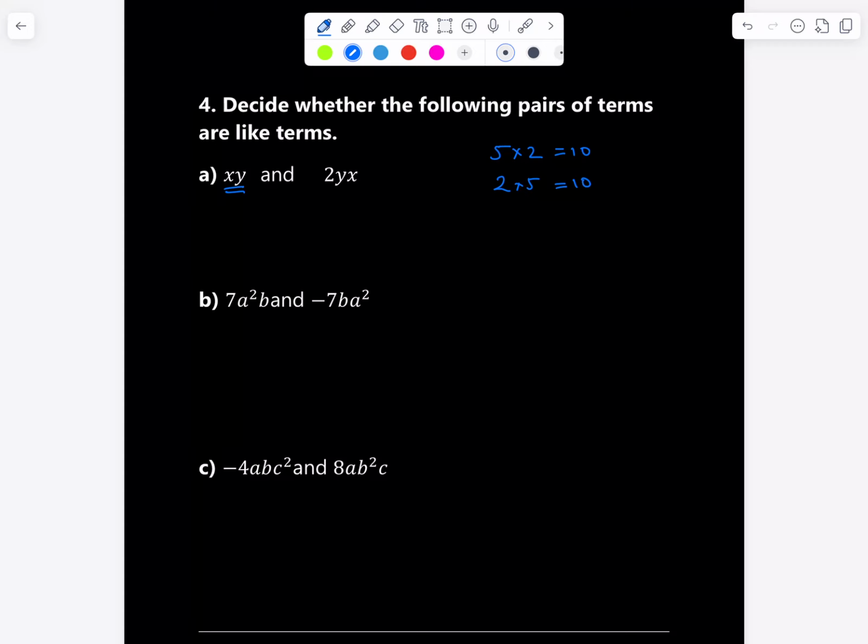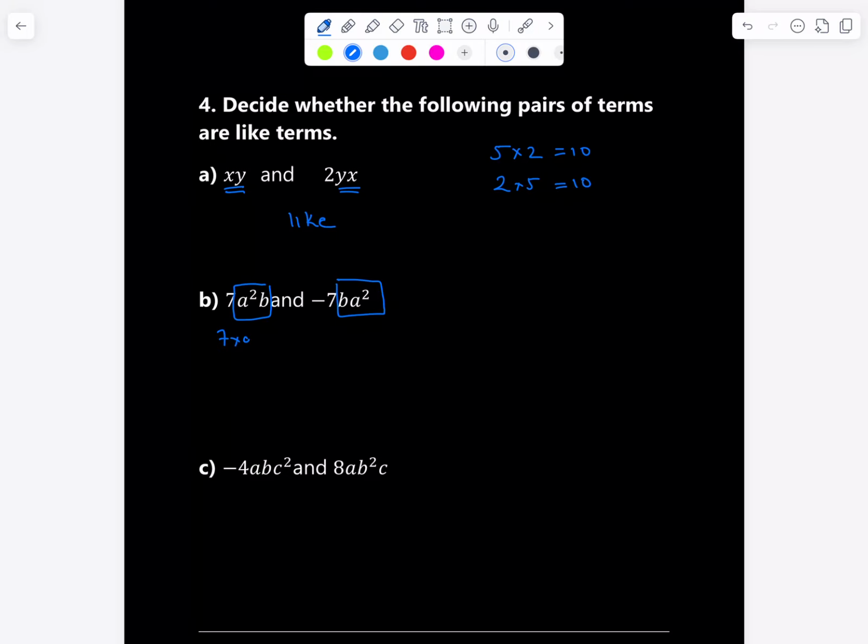So we need exactly the same letters. Here we have xy and yx. So these are like terms because we've got exactly the same letters. What about over here? We've got a squared b, and again, we have b a squared. Again, they're the same. It's just the order is different.